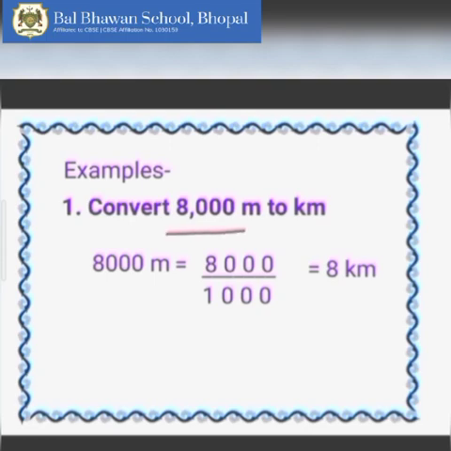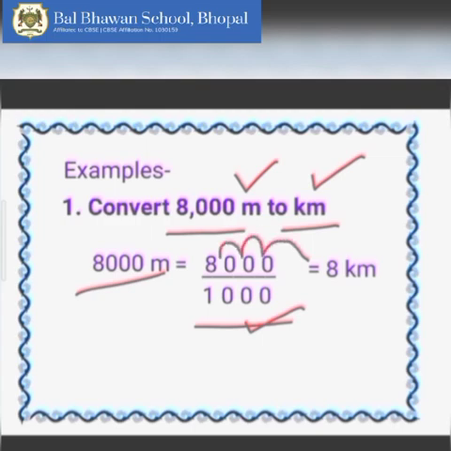8,000 meters to kilometers. Children, to convert from meters to kilometers, we need to divide by 1000. So, we will divide 8000 meters by 1000. Children, when any number is divided by 1000, then we count 3 places from the right hand side and put a decimal mark after 3 places like this.